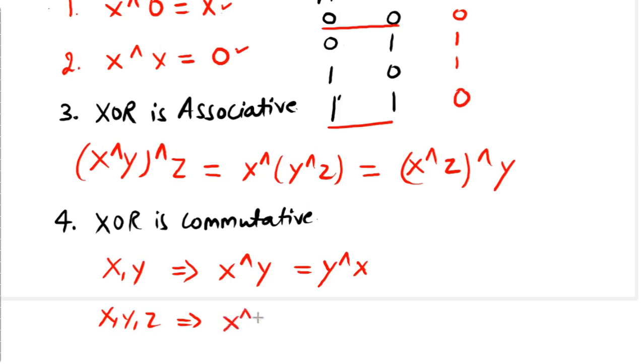X XOR Y XOR with Z, following the same convention as followed in the associative property.